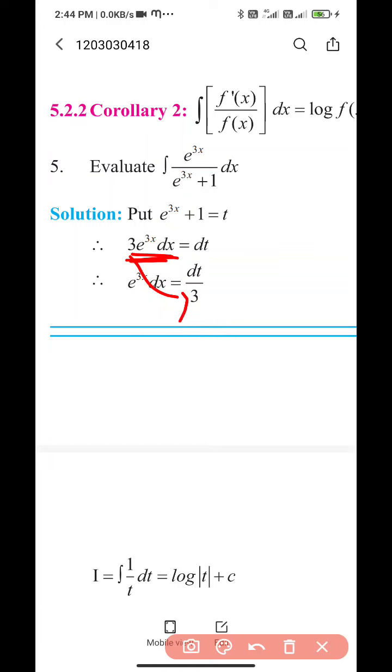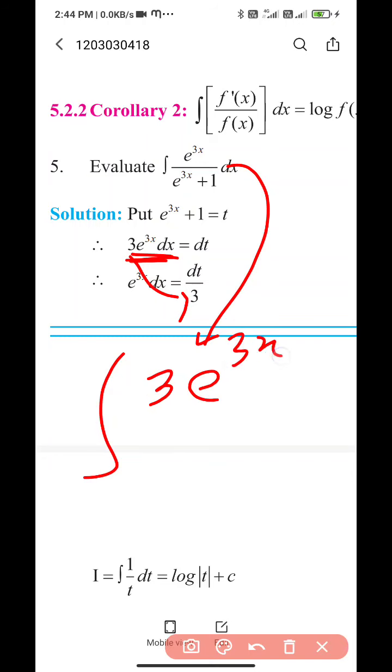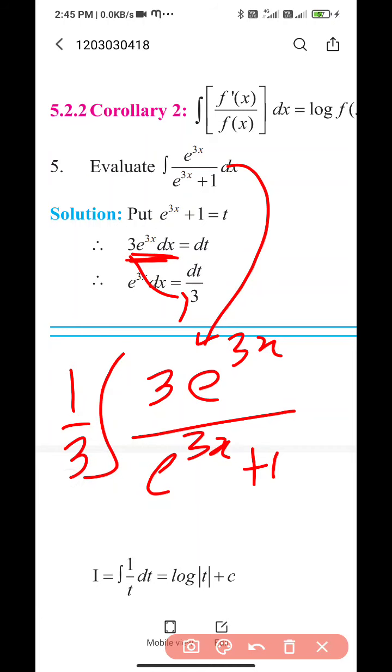Okay. Also you can do one more thing. After this, you can rewrite this function as 3 e raised to 3x divided by e raised to 3x plus 1 and 1 by 3 outside.